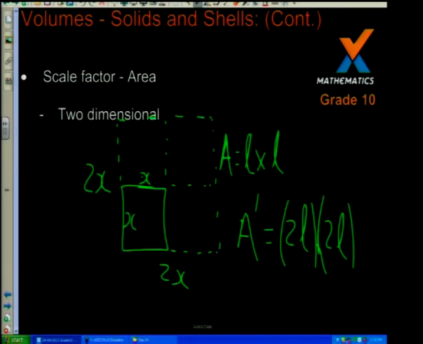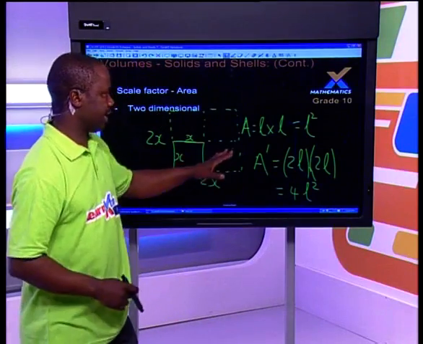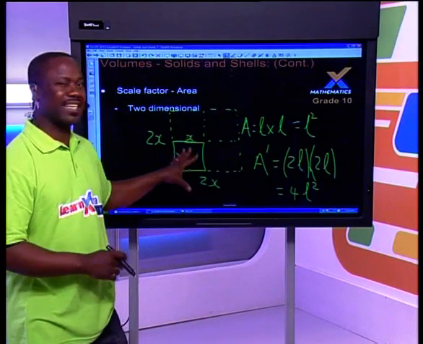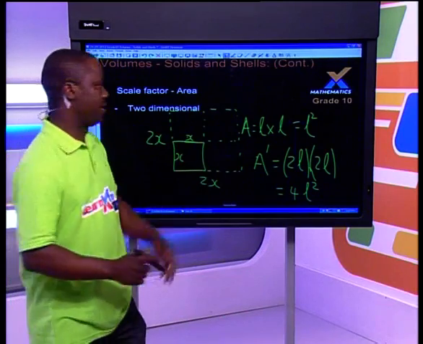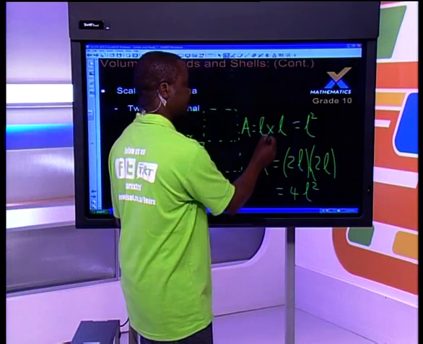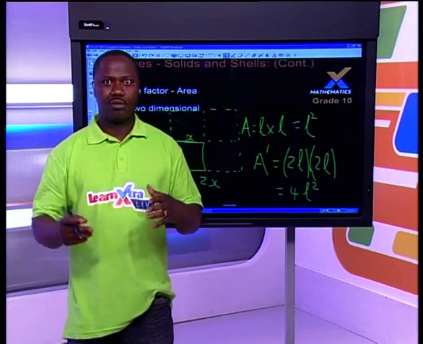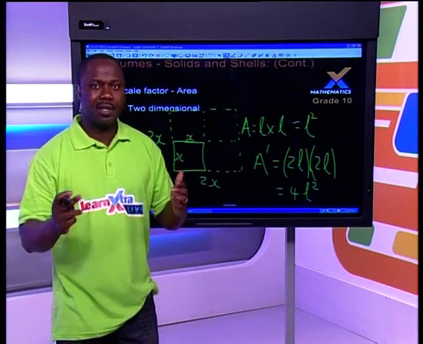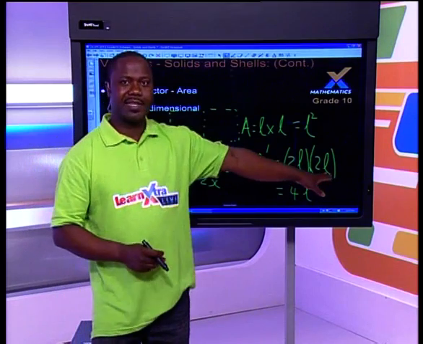So in that case, we end up with 4 times L squared. So this was L squared there. So for any area, even if it was a rectangle, let's say this was L1 and L2, those lengths have been doubled. So you'd have to put it in exactly the same way.